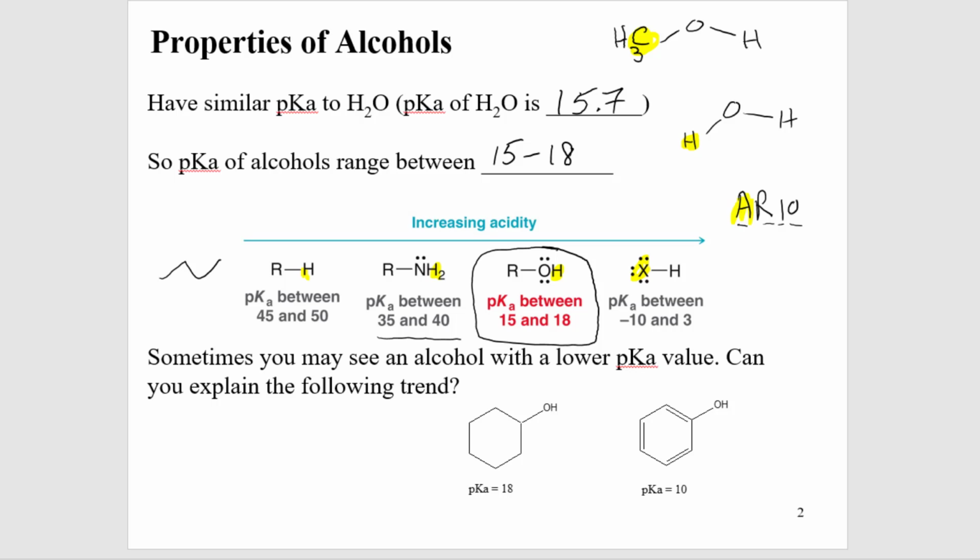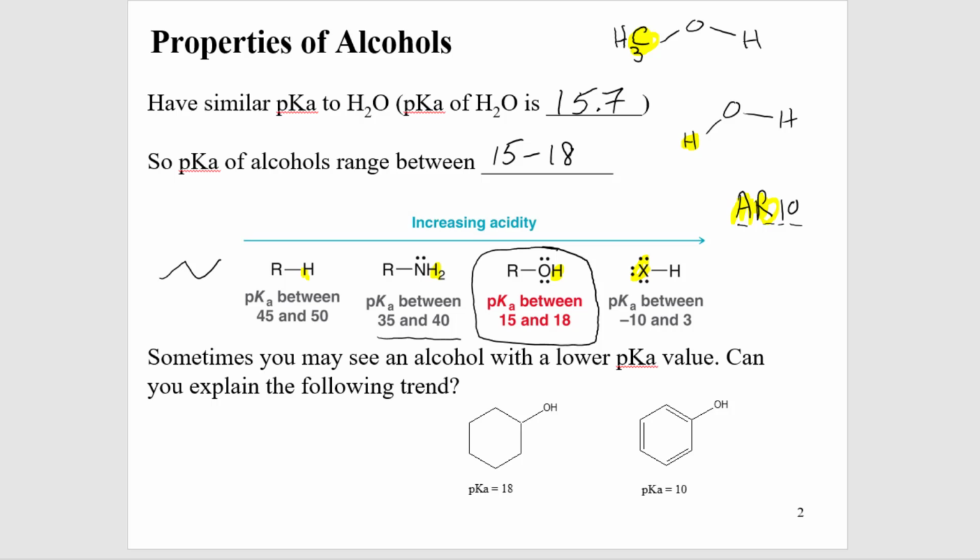Now, does this mean hard and fast we're always going to see between 15 and 18? Well, no, this is just for alkyl systems. But there are instances where you bump up to the next level of looking at charge stability. You can look at these two molecules I'm showing you down below, the cyclohexanol and the phenol.